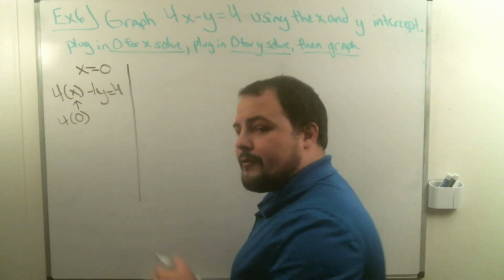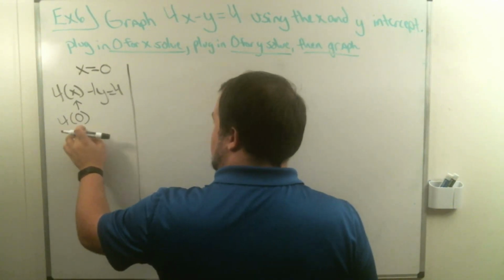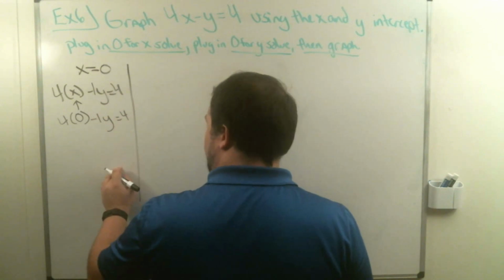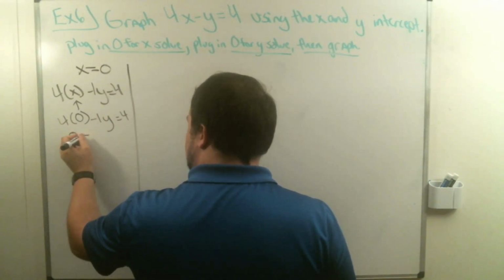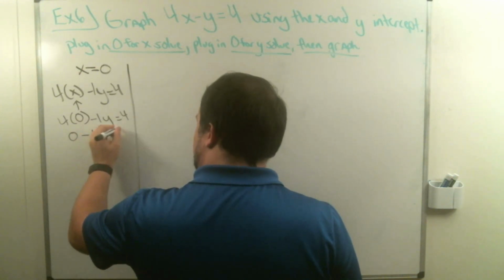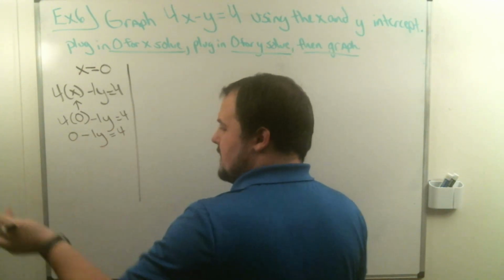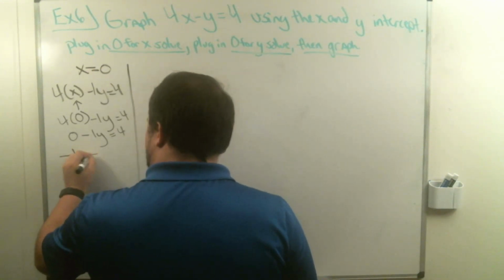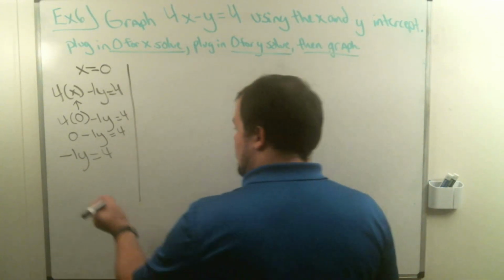When we put 0 in for x, we're figuring out the y-intercept. So we have 4 times 0, take away 1y, equals 4. 4 times 0 is 0. 0 minus 1y equals 4. 0 minus anything is that same number, so it's negative 1y equals 4. Now, all we have to do is solve for y.